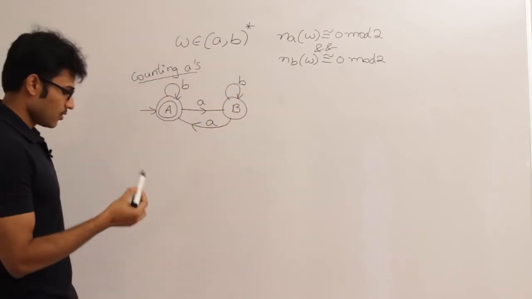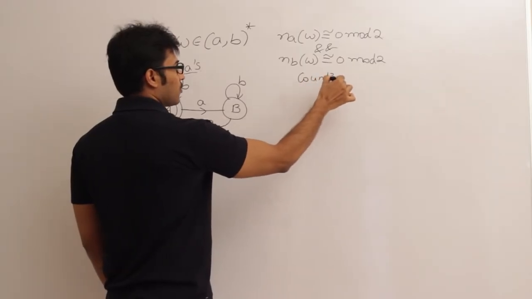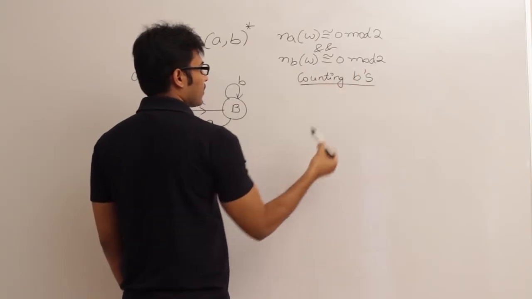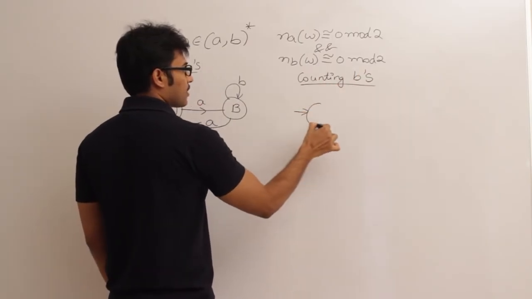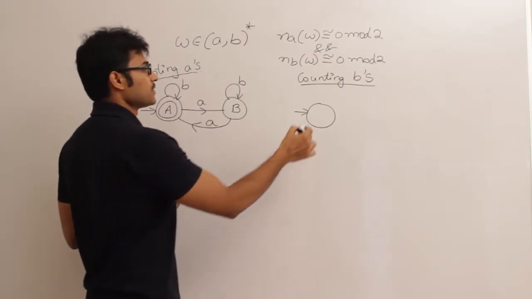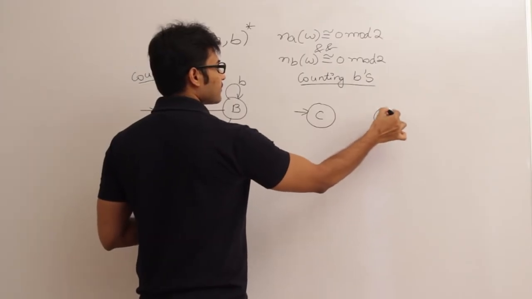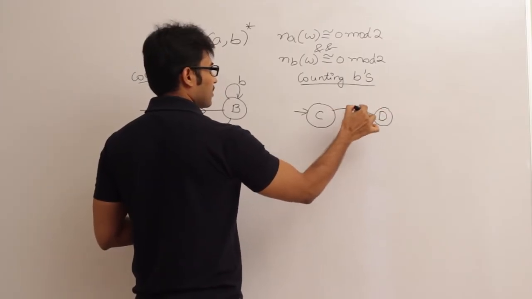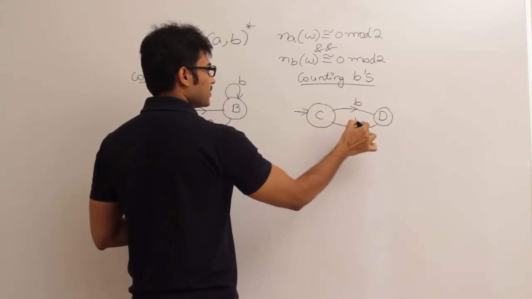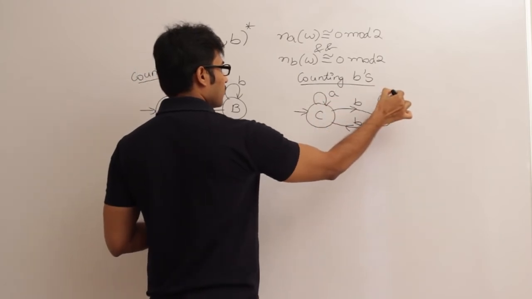Now I will count B's. Counting B's is the same, but I am going to use different names. Let us say this is state C and this is state D. 0 B's, 1 B, 2 B's, and the number of A's I don't count here.